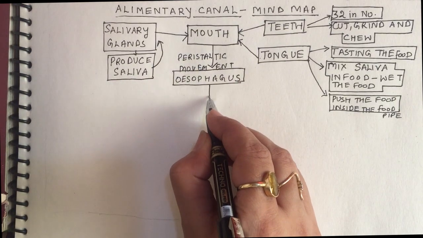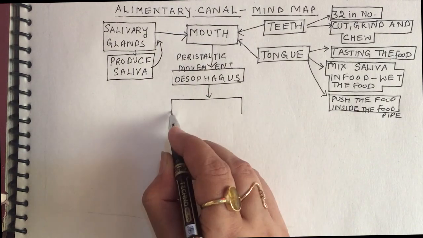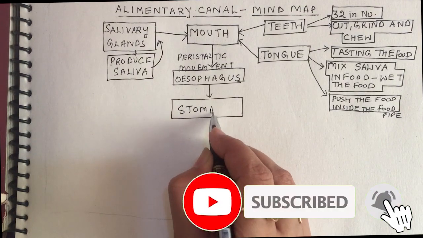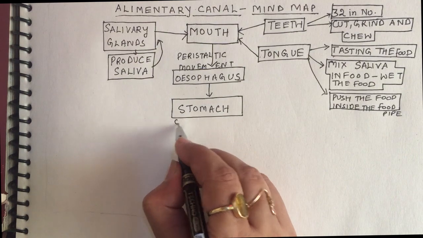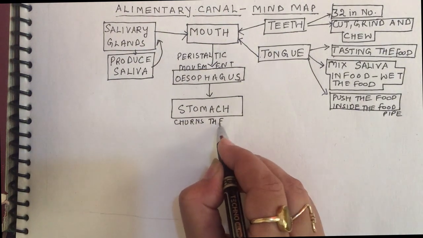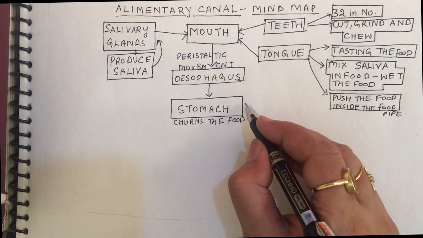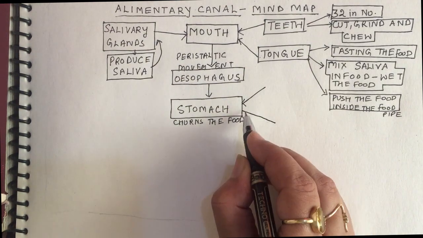Okay. Now the food entering into our stomach. Stomach, what are the characteristics? Churns the food and digest proteins. Now there are 3 things again which are present in stomach.